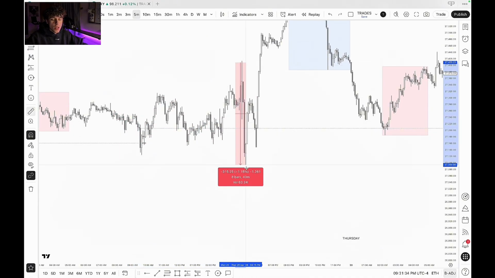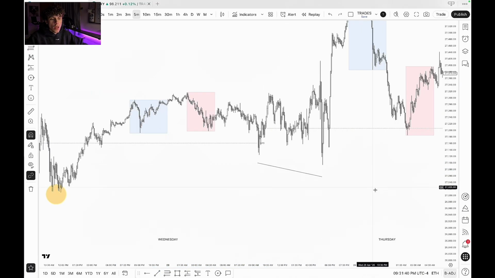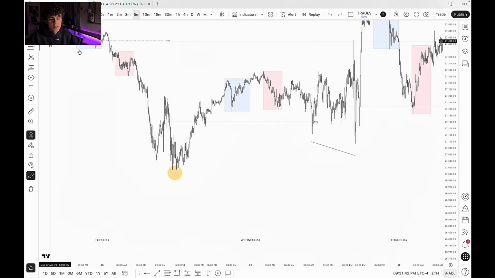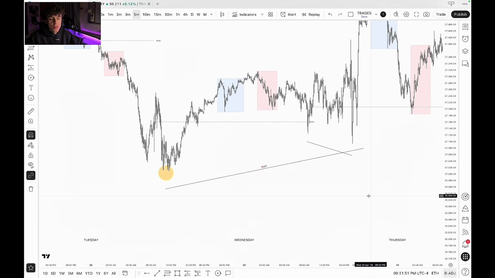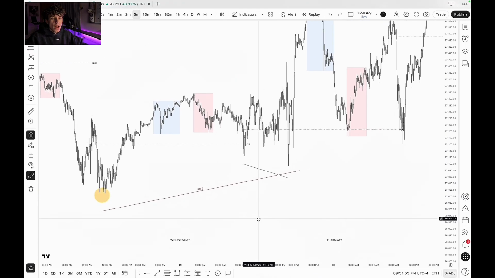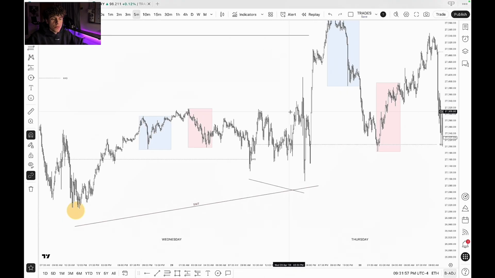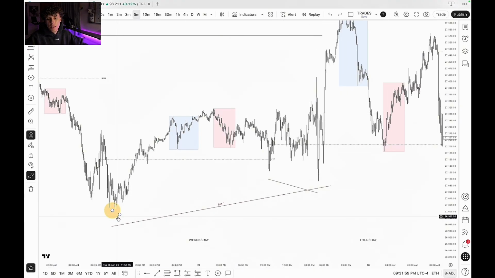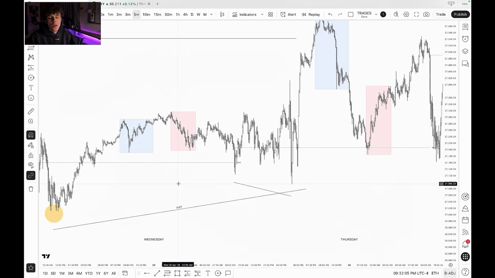FOMC news manipulates. We put in SMT at this low here, as well as SMT at Tuesday's low here. With these two SMTs in place, waiting for this change in state of delivery, we can now identify this low to be the low of week, and we can expect it to be protected. Why?